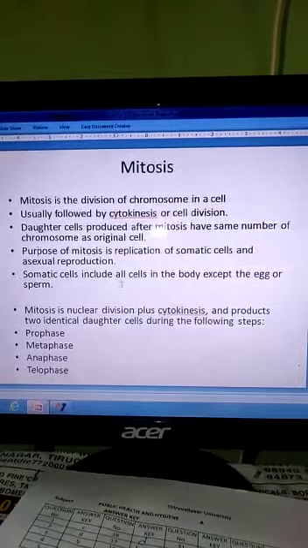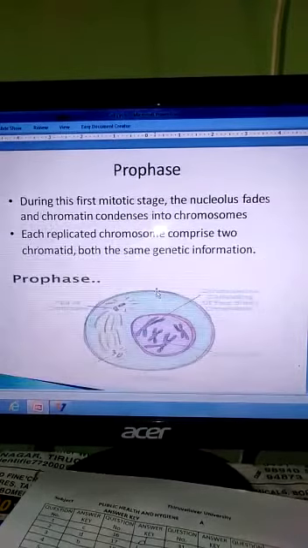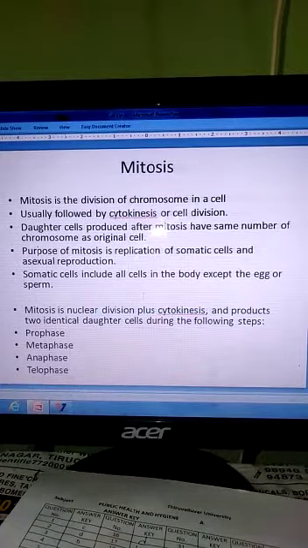Somatic cells include all cells in the body except the egg or sperm. Okay. Mitosis is nuclear division plus cytokinesis and produces two identical daughter cells during the following steps: prophase, metaphase, anaphase, telophase, these four phases.